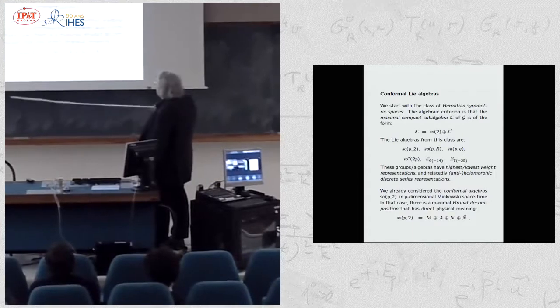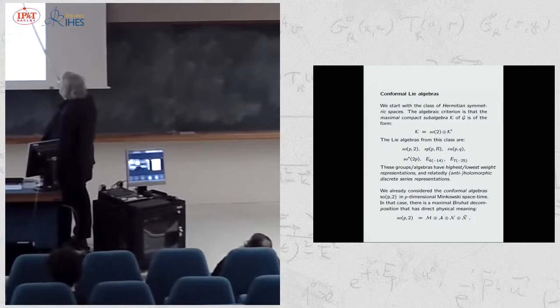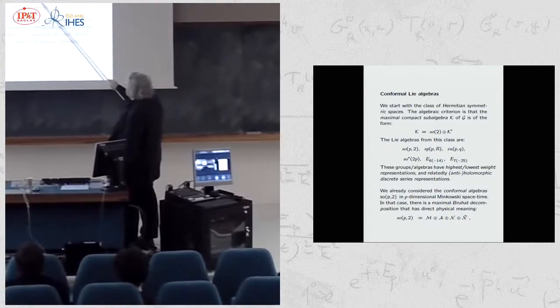It is that the maximal compact subalgebra of the non-compact simple group G must have this form. So it has a factor SU(2), SO(2) or U(1), whatever, plus some other piece. Once you have this, then the algebra is in the class of Hermitian symmetric spaces. These are the six families, 6 cases. These groups have highest, lowest weight representations and anti-holomorphic discrete series representations, yes.